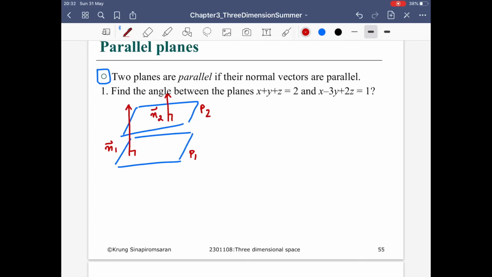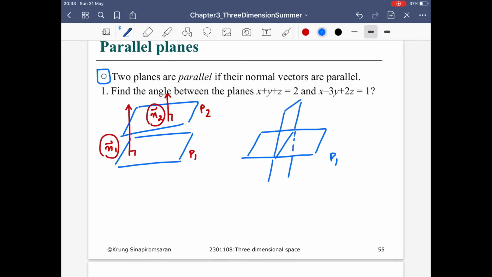But because your P1 is parallel to your P2, it means that your N1 and your N2 must be parallel. If it's not parallel, then this is your P1 and this one may be your P2, and there is an angle between the two planes.